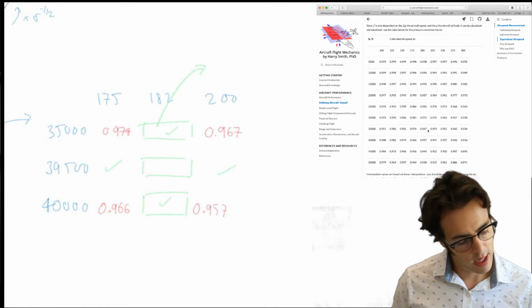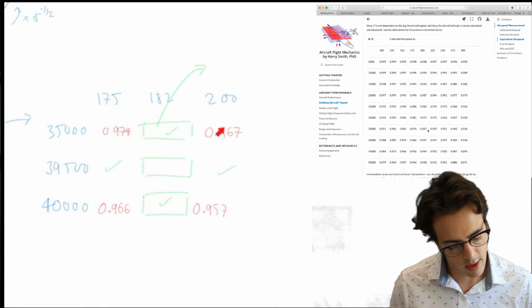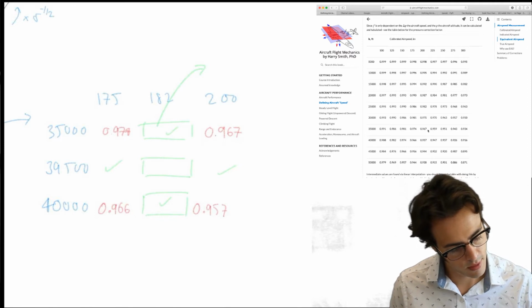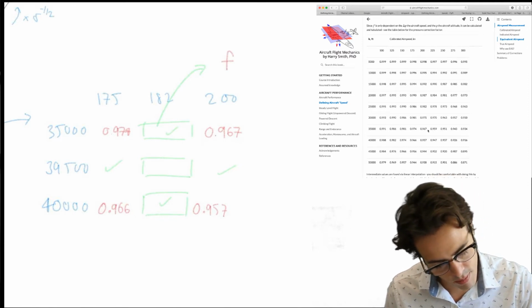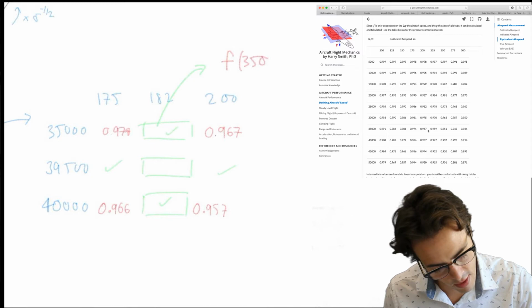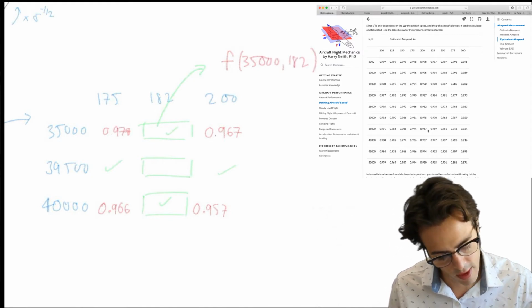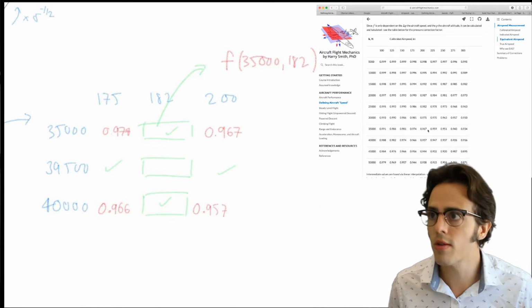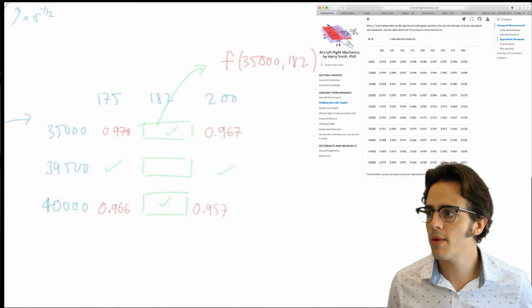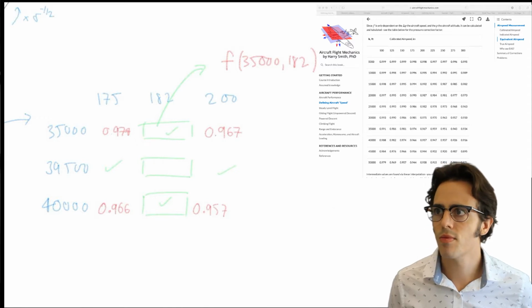So we're going to do a linear interpolation between these two values here. So that's going to give me the pressure correction value at 35,000 feet and 182 knots is going to be equal to 0. Let's move the table away. There we go.